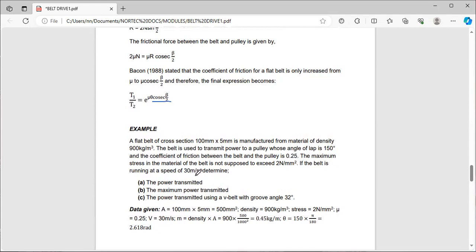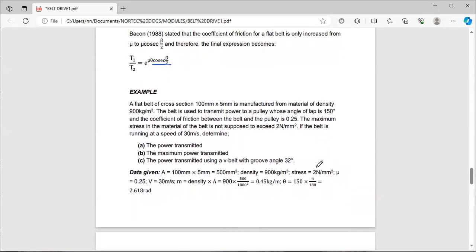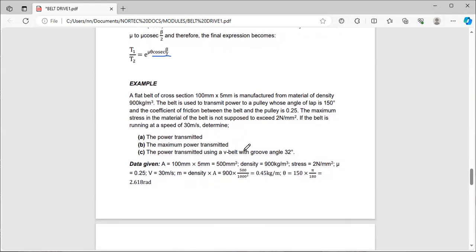The maximum stress in the material of the belt is not to exceed 2 newtons per square millimeter. Then the speed of the belt is 30 meters per second. We need the maximum power and also the power transmitted. Suppose we're using a V belt, groove angle included is 32 degrees.